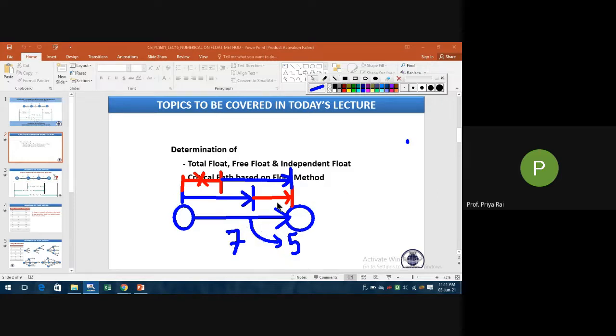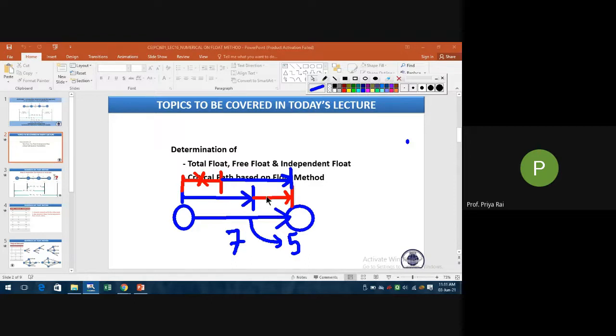So if there is no delay value, or if this red color distance is 0, that means you are starting from the 0th day and you keep on working till the 7th day. So there is no time for relaxation. If this delay is 0, you have to start from here only without any delay and keep on doing that assignment till you complete and submit it. That means that activity is very critical, very tough. The time provided is 7 days and it is taking 7 days only.